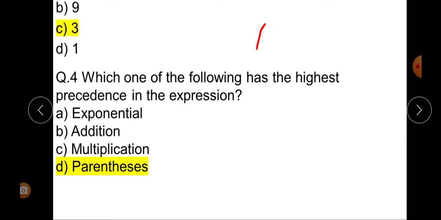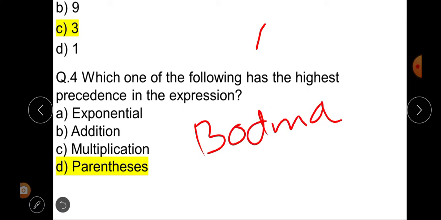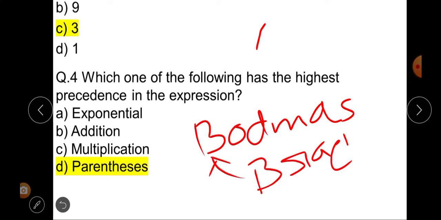Now one thing is very important in this case, that as you know, in mathematics we follow the rule of BODMAS, in which B represents bracket. So according to the arithmetic expression used in mathematics, bracket is always evaluated first.